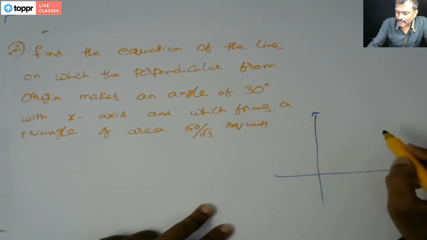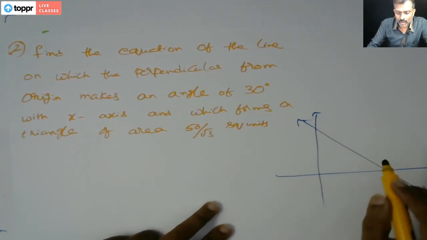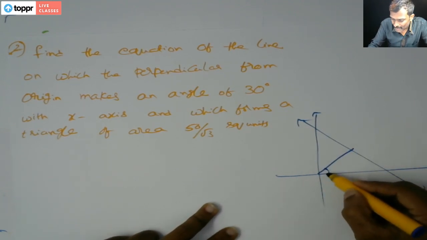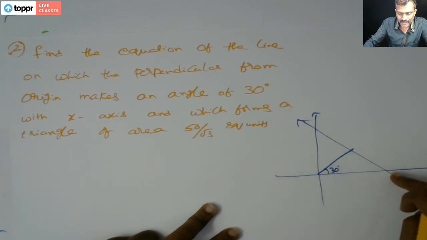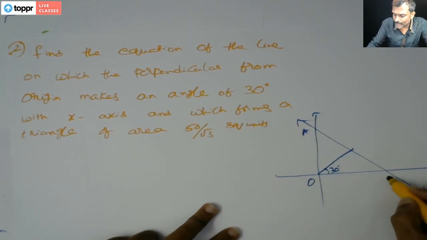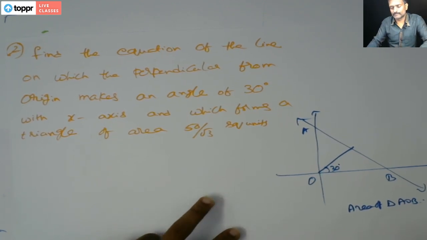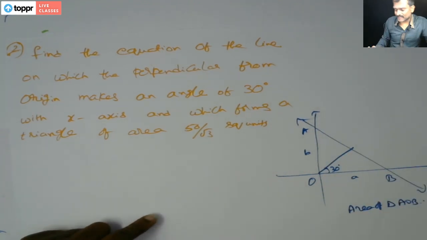We have to find the equation of the line on which the perpendicular from the origin is making an angle of 30 degrees. This line is forming a triangle AOB, so the area of the triangle is equal to 50 by root 3. Let us name the x and y intercepts as small a and small b.